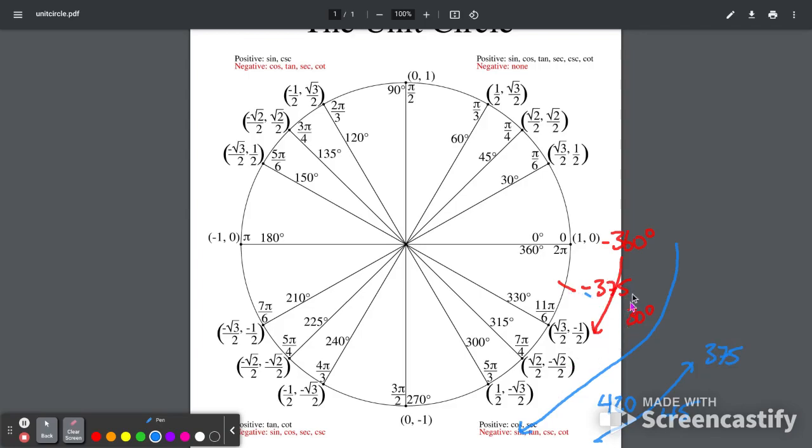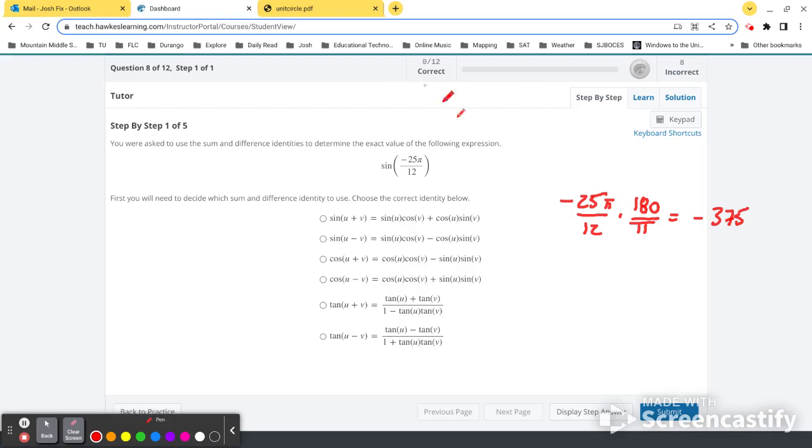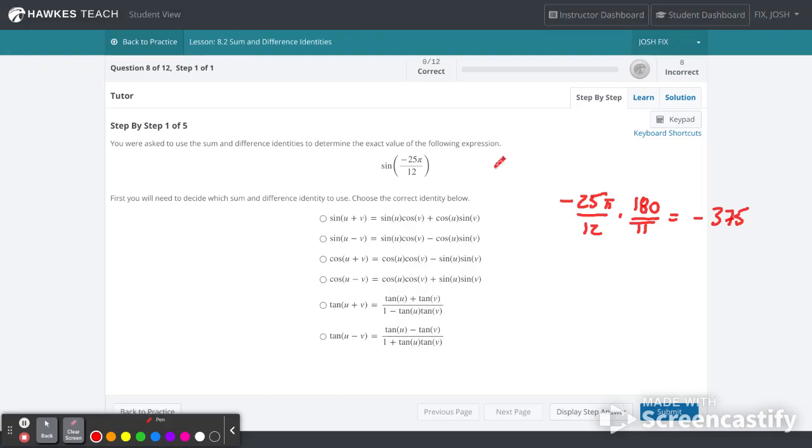So how can I get to that 375? That's this idea of which two angles can I add together. Let's go back over this one more time. I have negative 25 pi over 12.